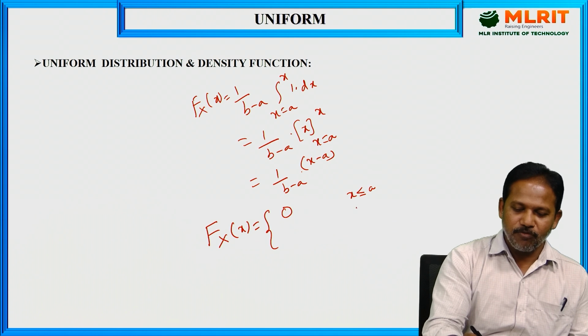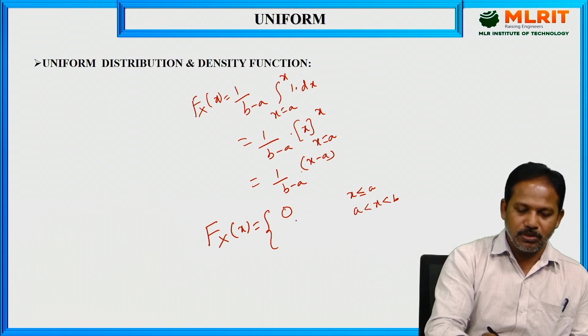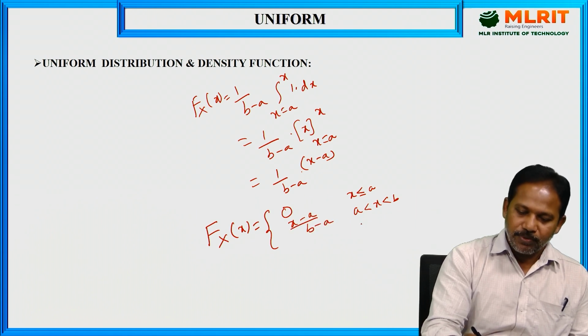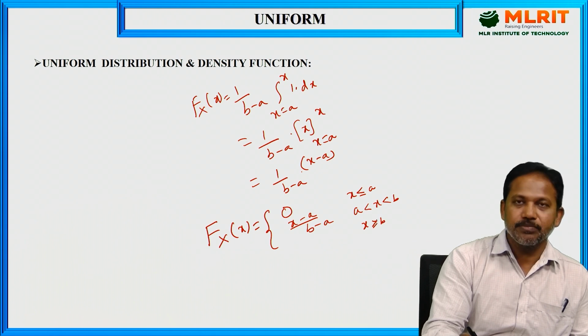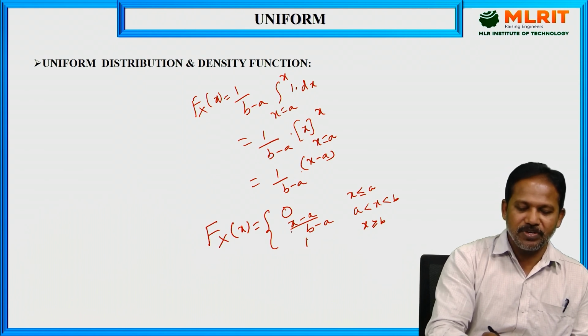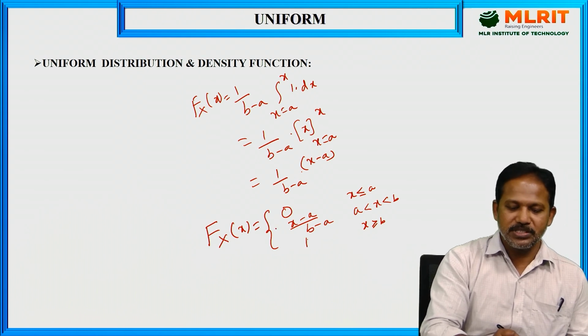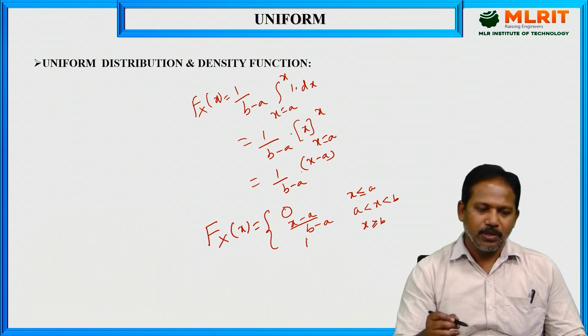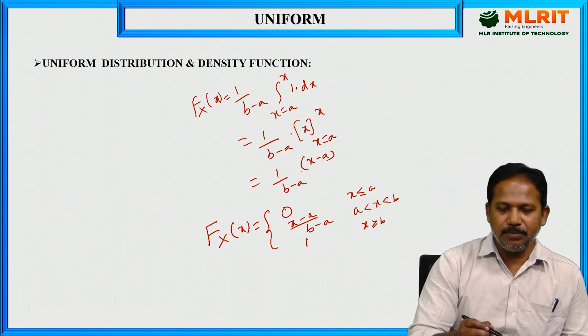If the random variable varies between a to b, the function is x minus a by b minus a. If x is greater than or equal to b, then b minus a by b minus a is 1, so the distribution function is 1. So FX(x) equals x minus a by b minus a for a to b, and the density function is 1 by b minus a.